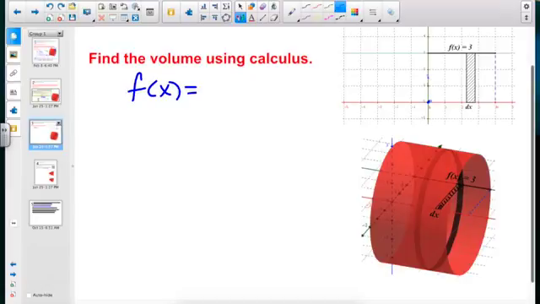How much is your function? 3. Function is 3. Okay, your function is 3.